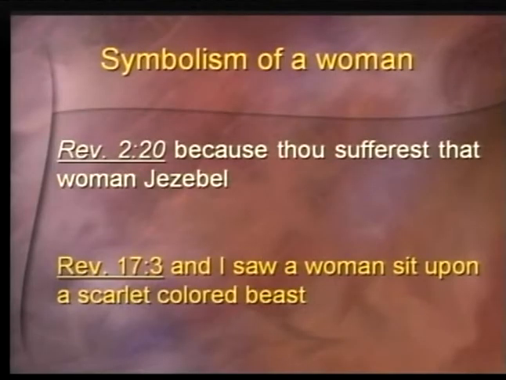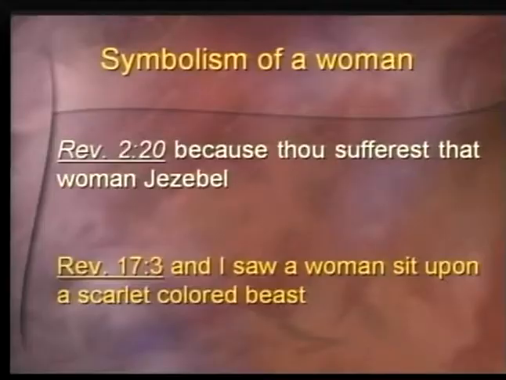The symbolism of a woman in Revelation 2 verse 20, a woman now starts being portrayed. The one in Revelation 2 verse 20, Jezebel, because thou sufferest that woman Jezebel. Now the concept of the Antichrist starts in Revelation 13. Of course, we also find it in Daniel, but it starts in Revelation 13 and it's carried all the way through to Revelation 17.